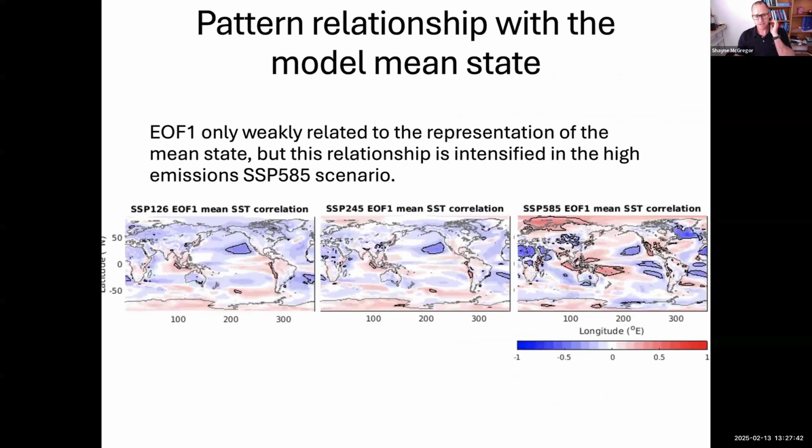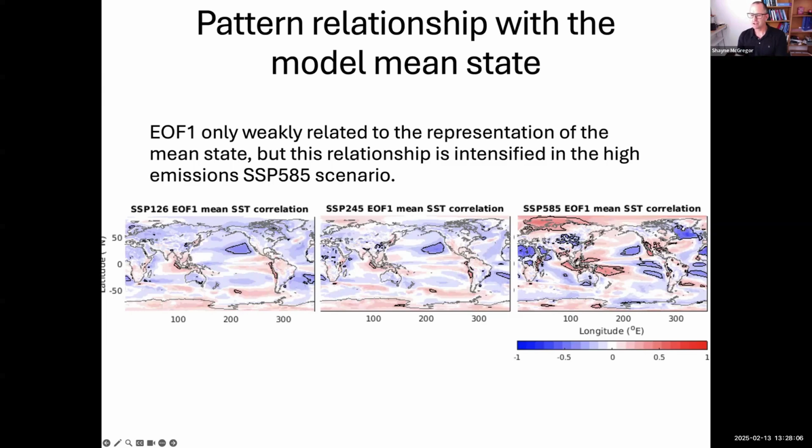If we look at the first EOF and regress it against the mean state during the historical period, we can see some small regions with significant correlation, in the Northeast Pacific in particular for the lower two emission scenarios. The amount of area that is statistically significantly related increases quite dramatically for the high emission scenario.